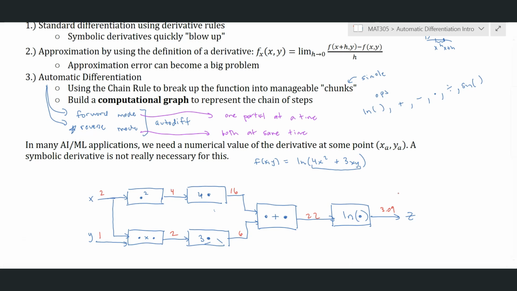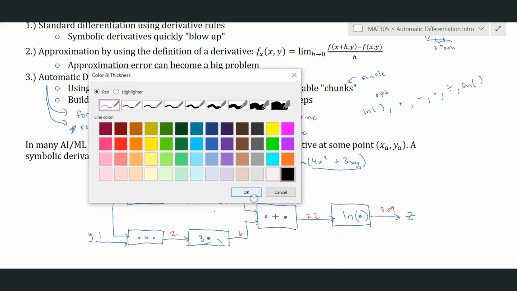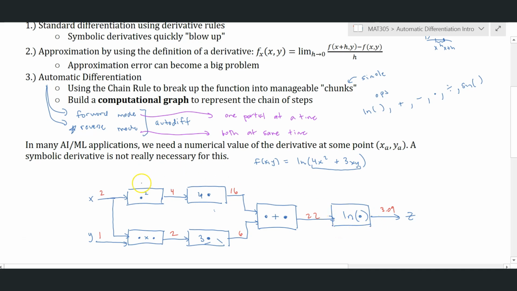Now the one thing that we can do here is we can label all of these quantities using different values, right? So we could say that what comes out of here, we'll refer to this as, say, A, and we'll refer to this as, say, B. Then what comes out of here, we'll call maybe C and D. And then what happens here, I won't use E just to not confuse it with Euler's constant E for exponential.